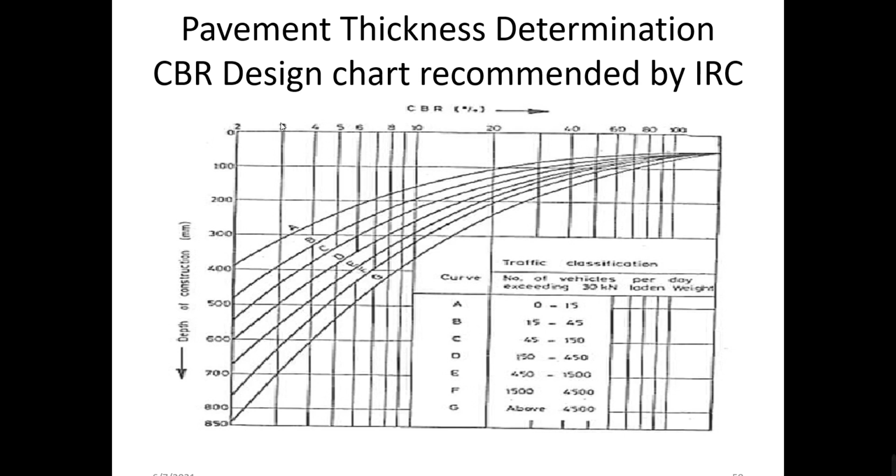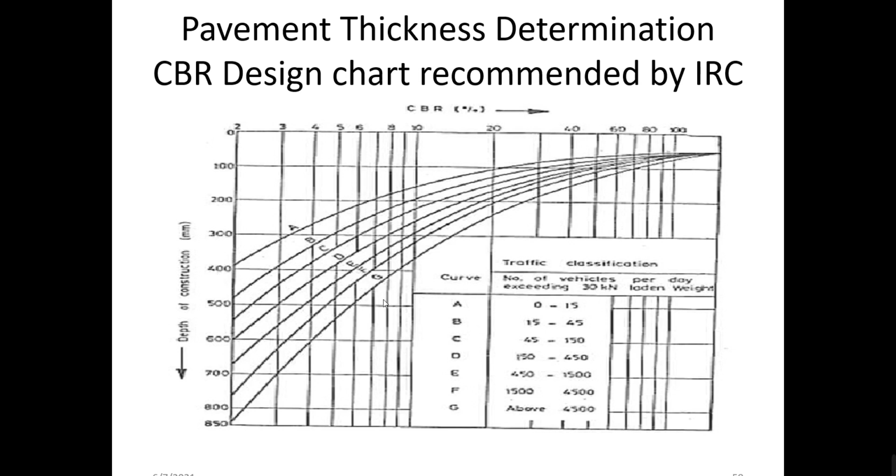Again, say if you refer to a CBR of 3%, cut curve A, the design curve for 15 vehicles exceeding 3 tons, at 3% CBR. What is the pavement thickness that is required? It is in the range of 300 mm to 400 mm, that is 30 centimeters to 40 centimeters.